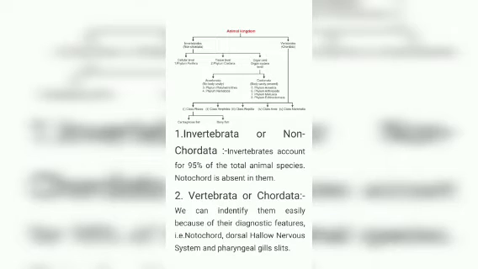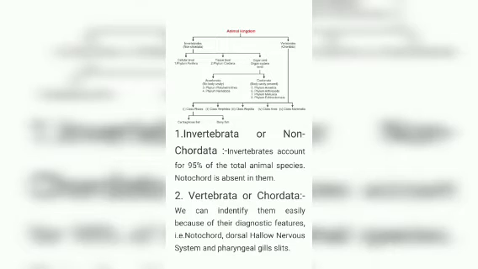And we can further divide the organ system level into Acoelomata and Coelomata. Acoelomata is no body cavity, and Coelomata is body cavity present.